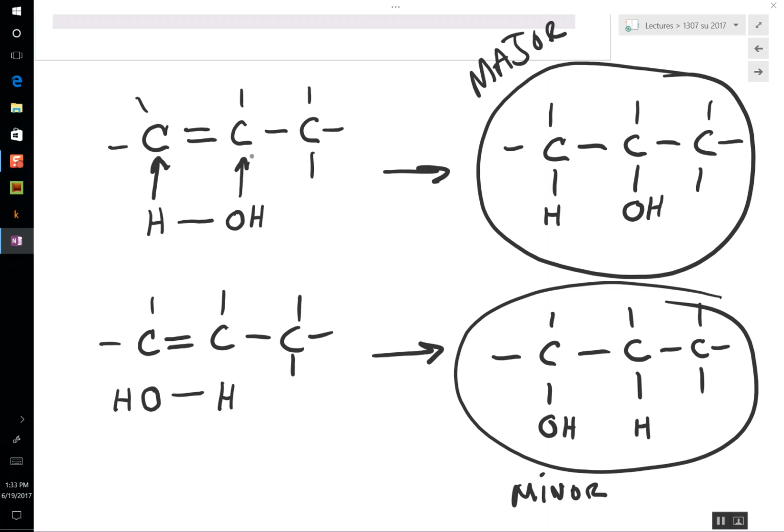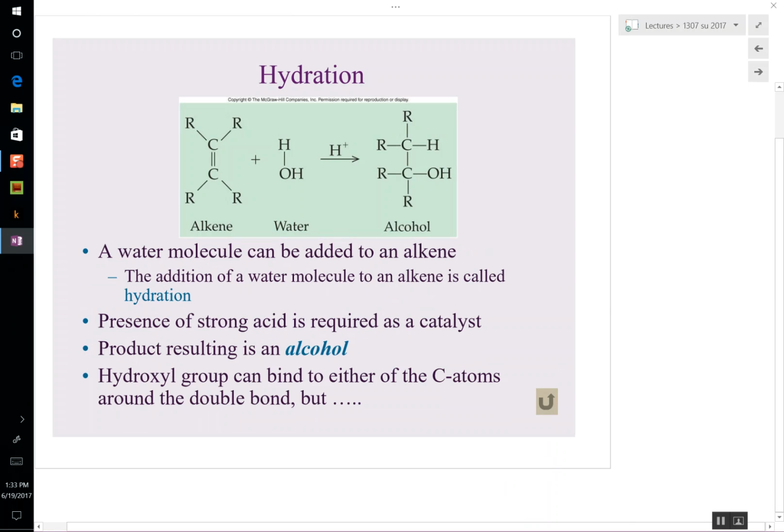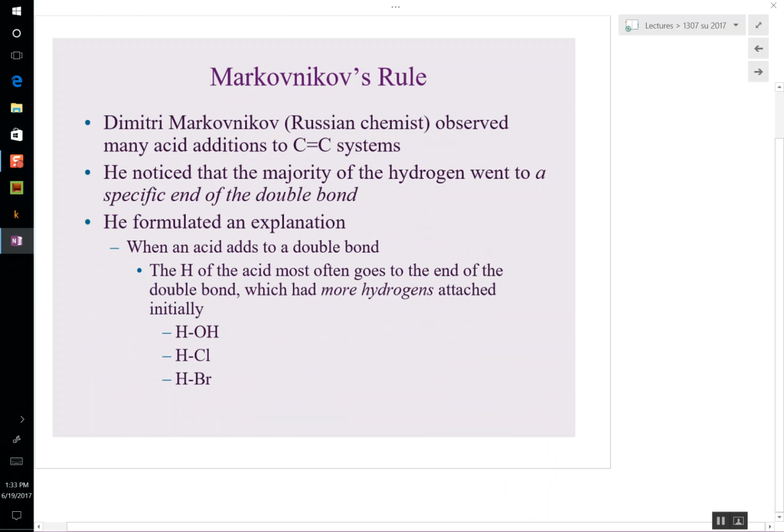It's Markovnikov's rule. How do you spell his name? Right there. Markovnikov. Markovnikov's rule. He noticed that the majority of the hydrogen went to a specific end of the double bond.